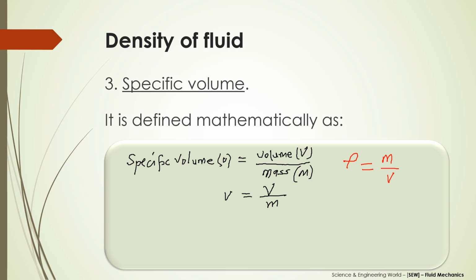Now, if we look at these two, we see that this is the inverse of the density. So we can write specific volume, small v, to be equal to 1 over rho.